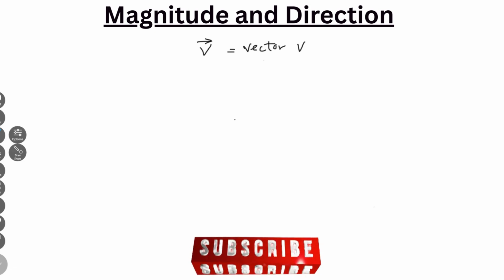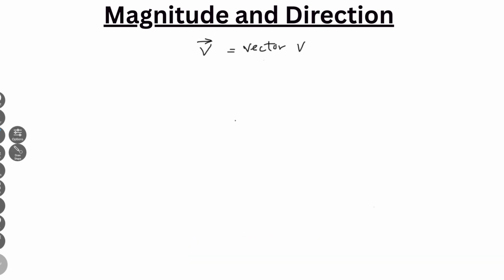The magnitude of a vector is its length. For example, if we have vector V as (x, y), the magnitude of the vector is the square root of x squared plus y squared.